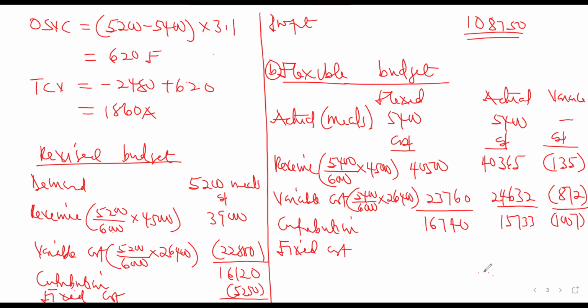Let's come to fixed cost. What will be the fixed cost over here? 5,250, and the actual is 4,950. What is happening to the fixed cost? Are we spending more or less? We are spending less, by 300. So this will be favorable, positive.